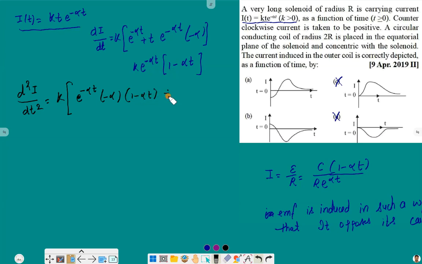Now plus e raised to power minus alpha t as it is, into the derivative of (1 minus alpha t), where the derivative of 1 is 0 and of minus alpha t is minus alpha. So we can take minus alpha e raised to power minus alpha t common, and we will be left with (1 minus alpha t), and here we will be left with plus 1.